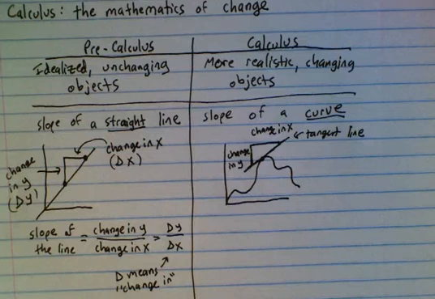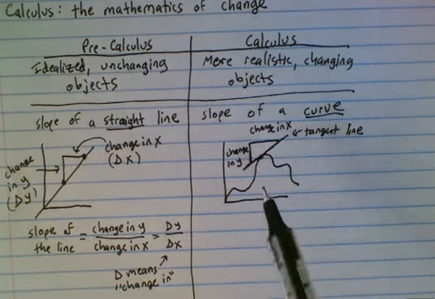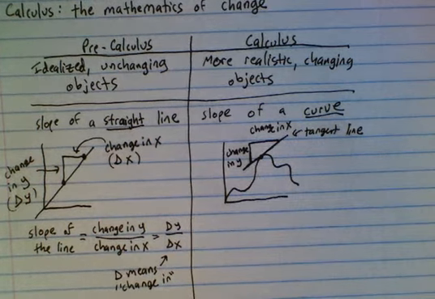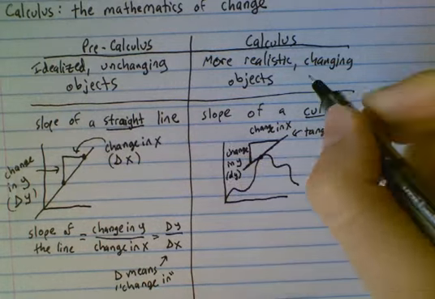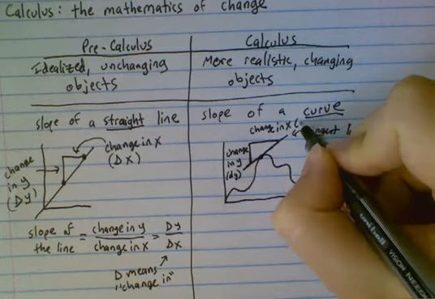The idea is the same for finding the slope of a curve as it is for finding the slope of the line. The difference is that in calculus, the changes in x and the changes in y are infinitely small. These infinitesimal changes are actually called differentials with a d, and have their own notation. They're a dy and a dx.